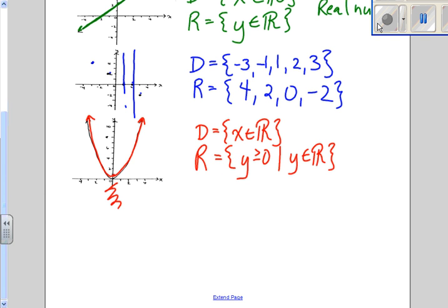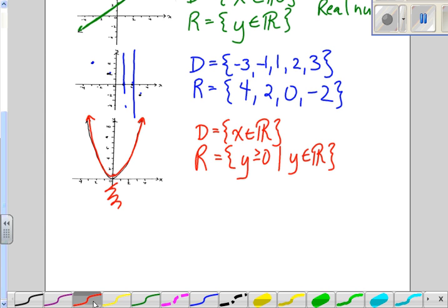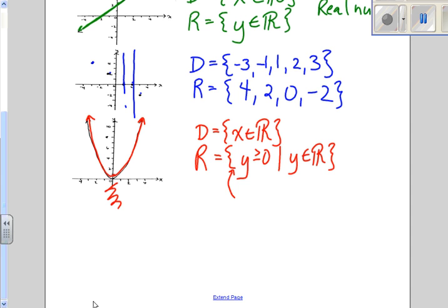To just reiterate that in English again, that means set.